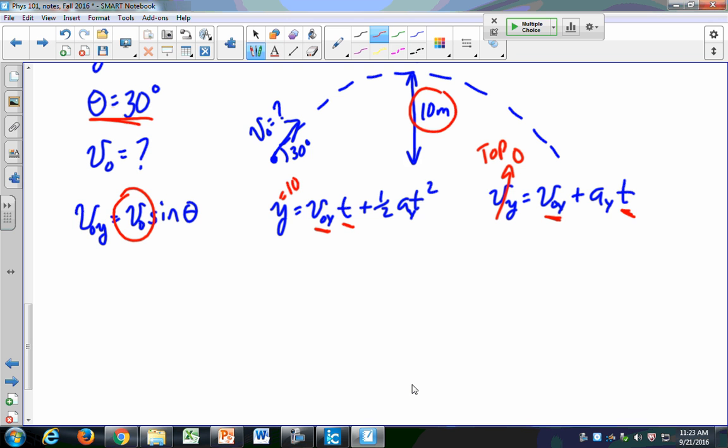So let's just simplify this a little. I have 10 equals V naught y times t plus 1/2, I think, minus 5 t squared, because a_y is equal to -10. And then over here I have 0 equals V naught y minus 10 times t.